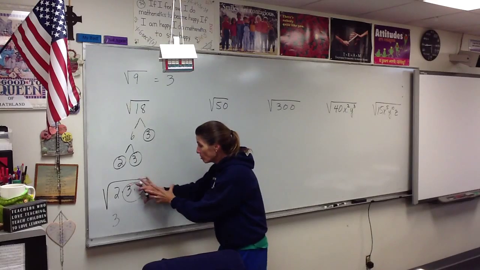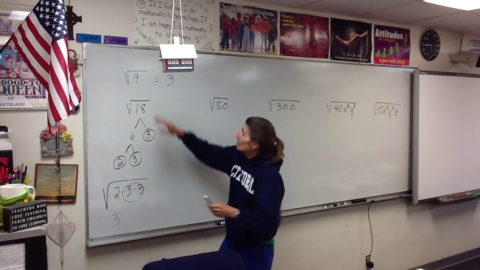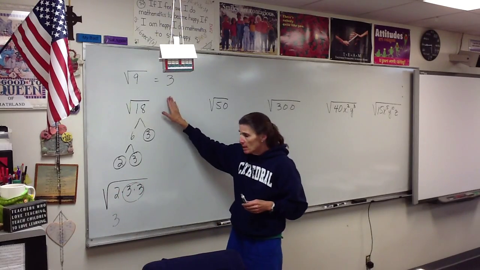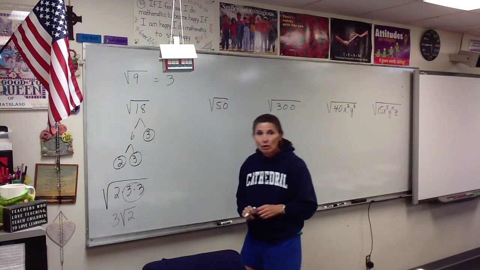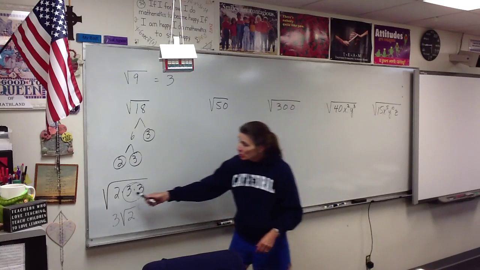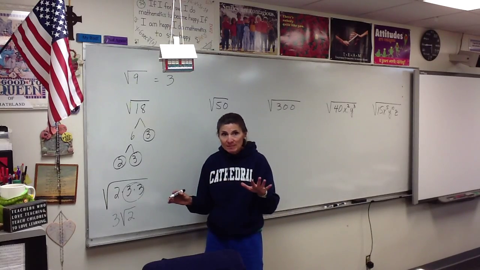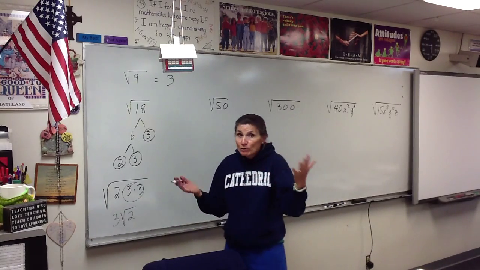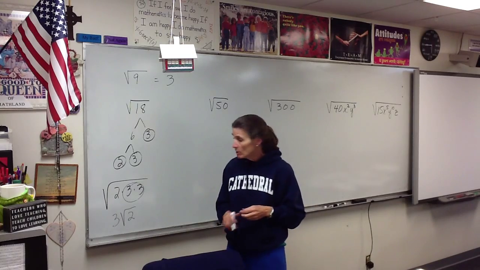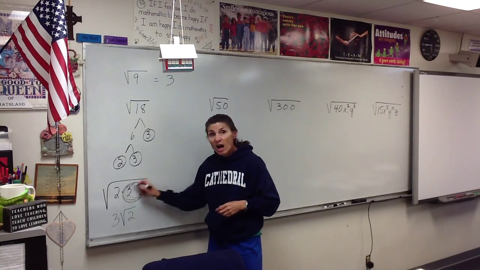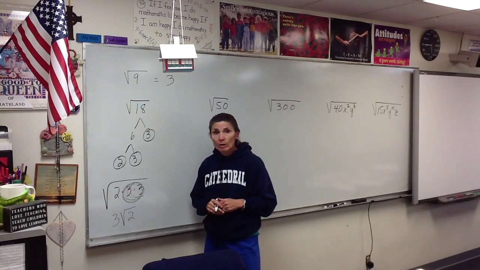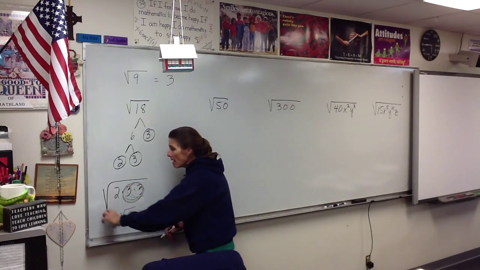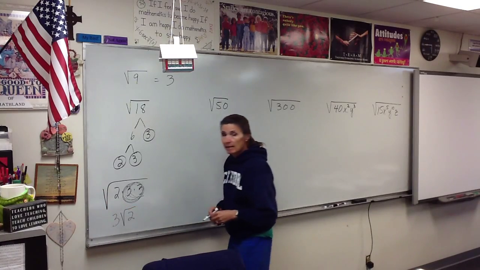So I can pull a 3 out of this radical just like I did up here. But there's still a 2 left over. That 2 is all by himself, and the square root of 2 can't be reduced. The square root of 9 can be reduced, but not the square root of 2.